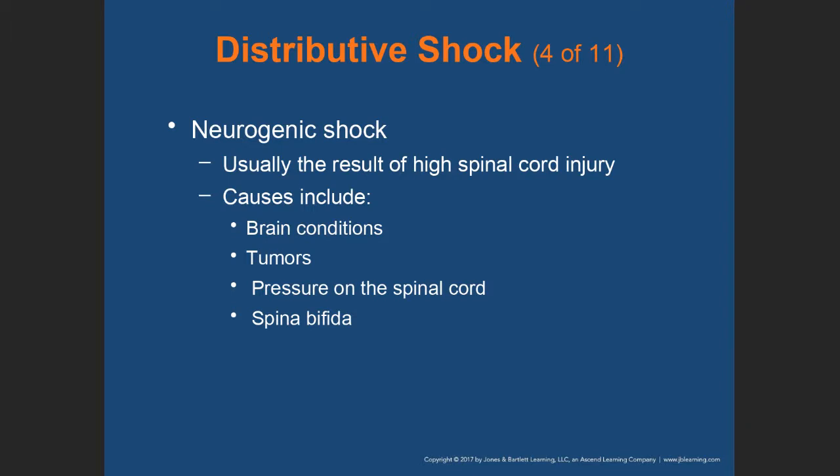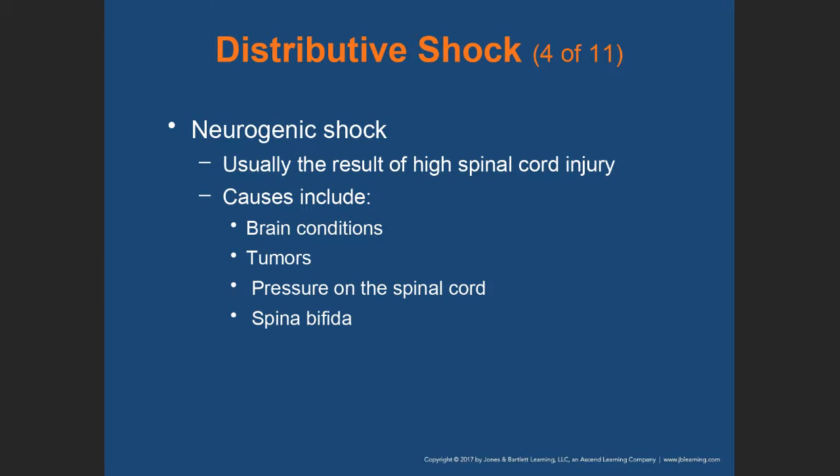So it's at a point within the spinal cord in which the sympathetic stimulation is created, and this sympathetic stimulation controls the tone of the blood vessels, and it controls the release of epinephrine and norepinephrine.